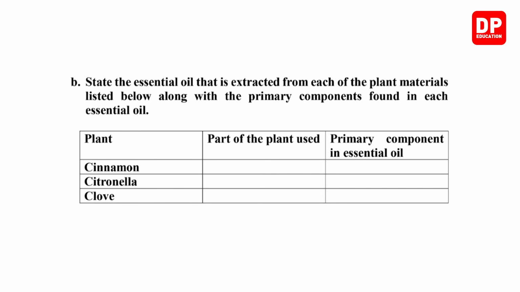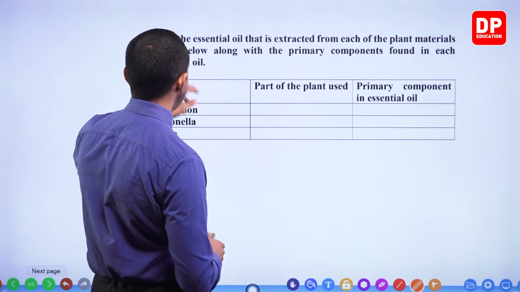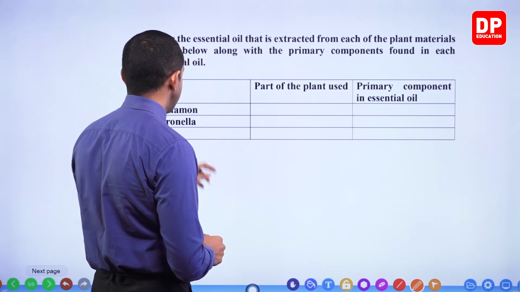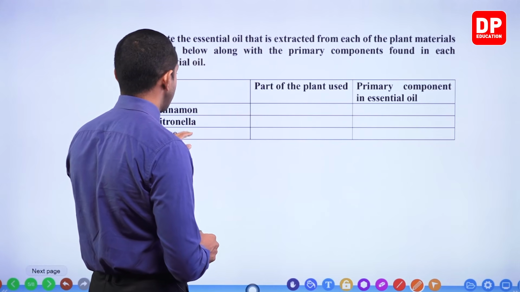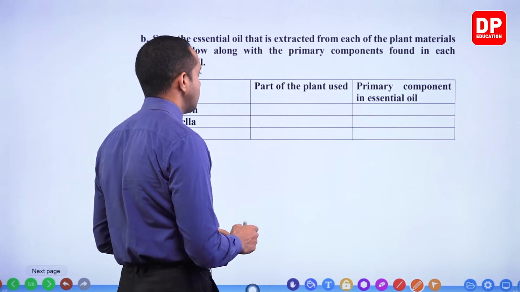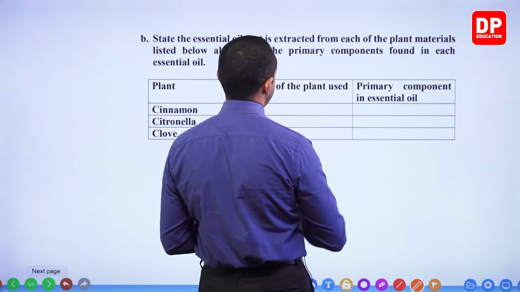And then we move on to the B part of the second question. State the essential oil that is extracted from each of the plant materials listed below, along with the primary components found in each essential oil. So we have cinnamon, citronella and clove. Again, the part of the plant used matters.